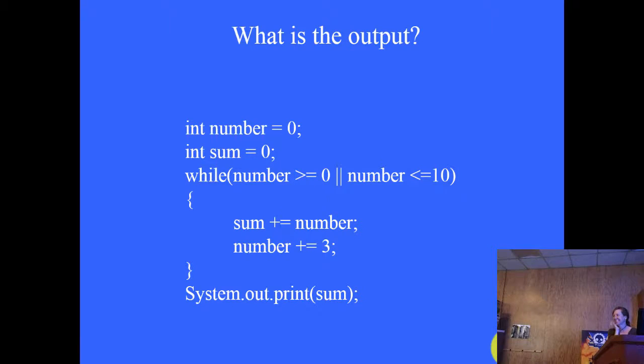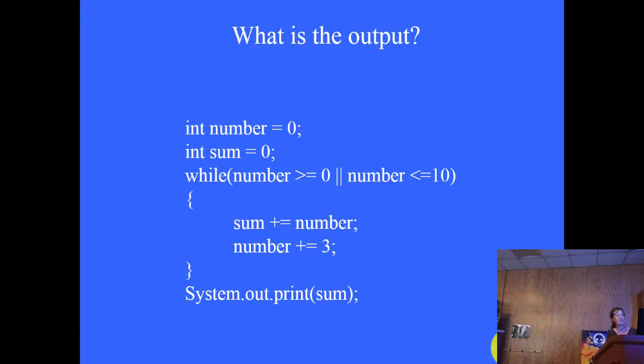Cody, what do you think? It's not going to output anything. It's just going to keep running. Right. Now look at the boolean check. Number greater than or equal to 0 or number less than 10. So number can be anything. It's just going to keep going.